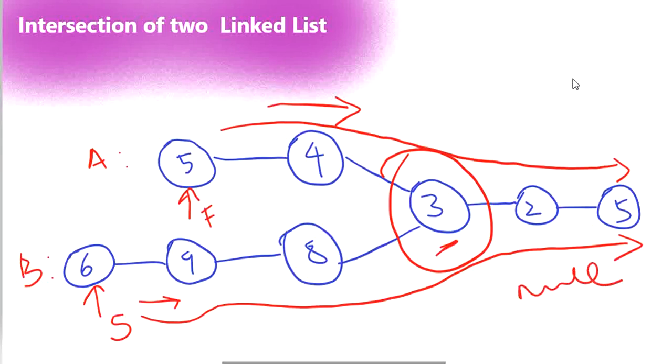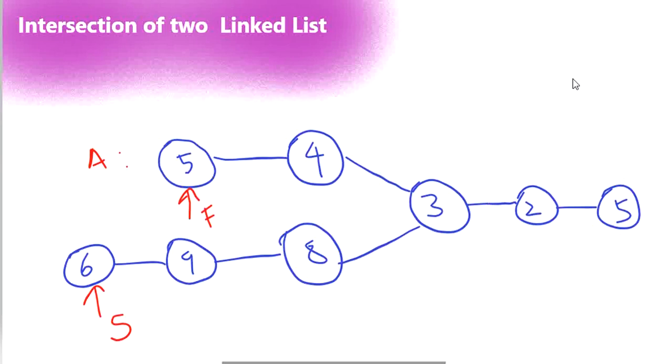So let's go for a dry run with this example so that we understand how it is going to work programmatically. Every time we check if node F is equal to node S. If they are equal, then return that node.